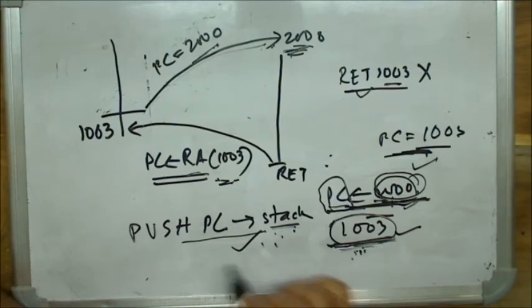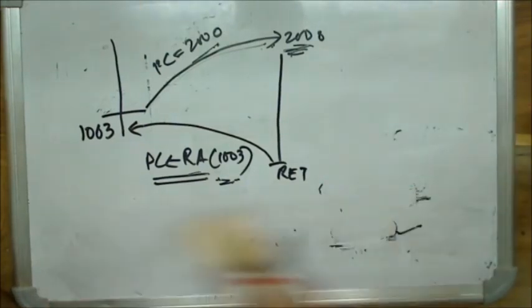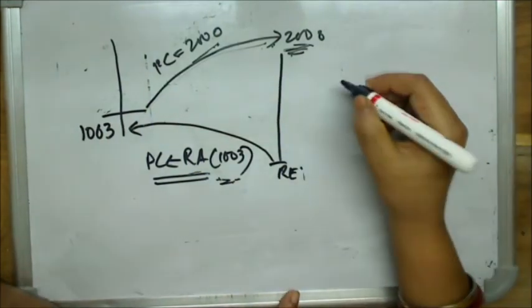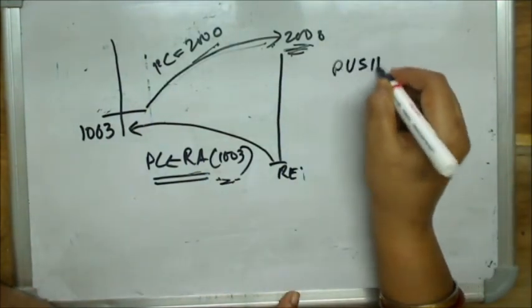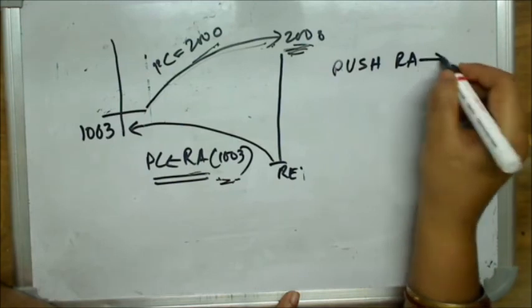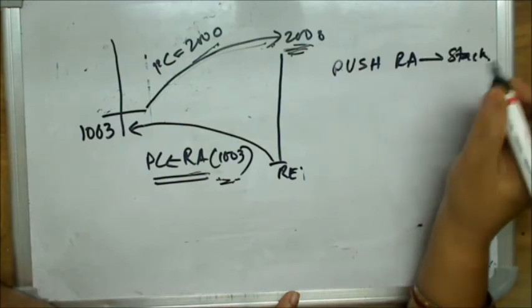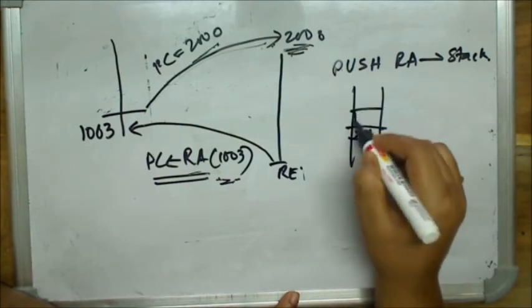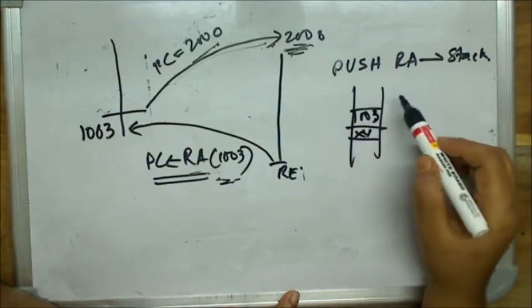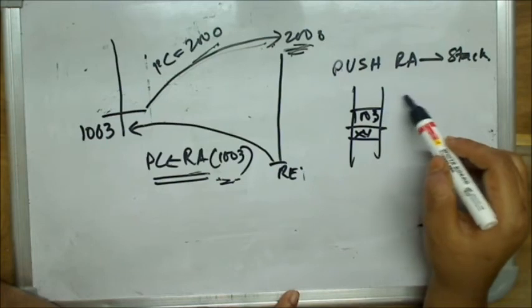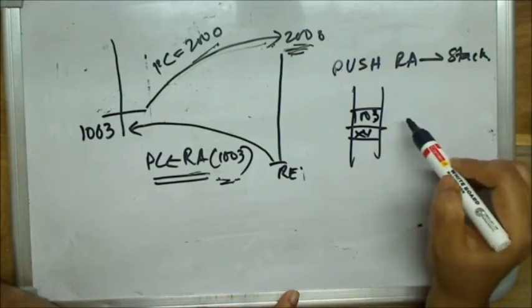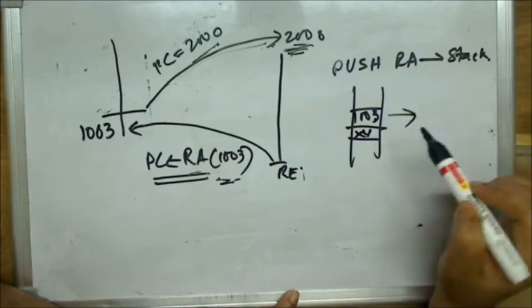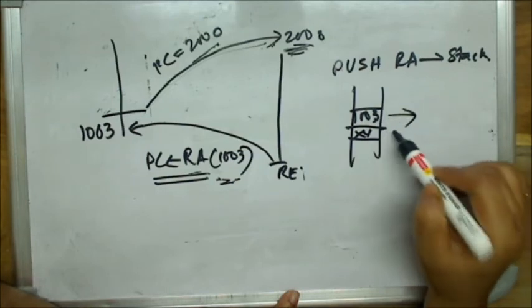So the processor will push the return address into the stack. Suppose this is your stack. This is your return address. Now that goes to the top of the stack. By doing this, the return address goes to the top of the stack.